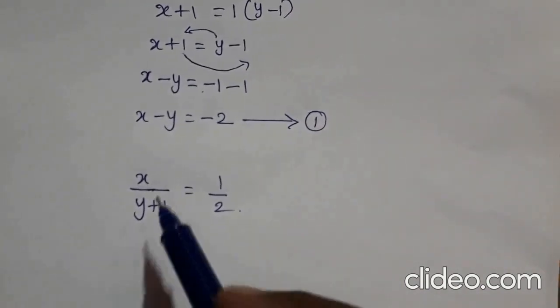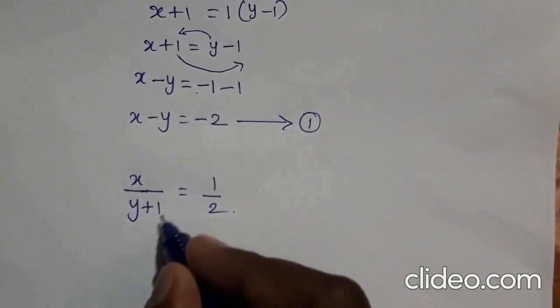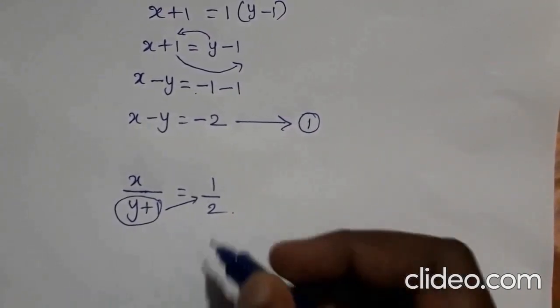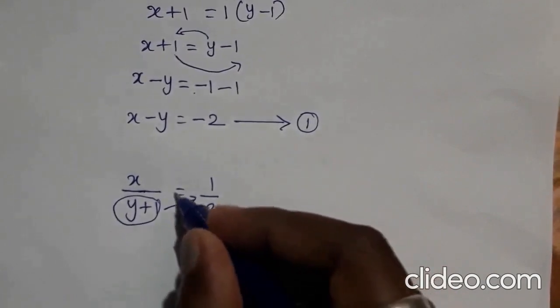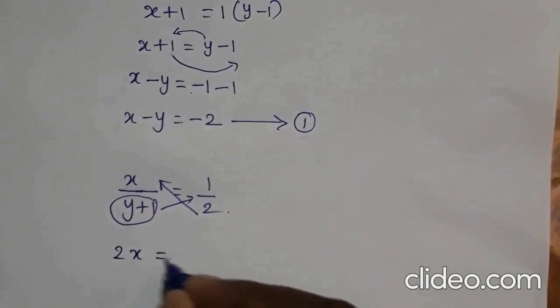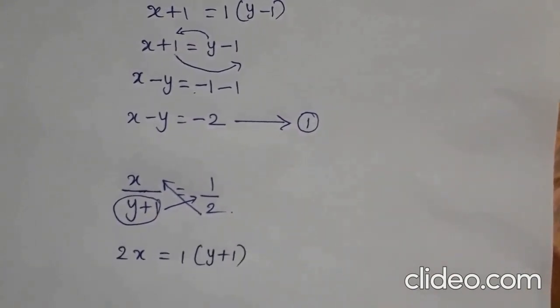From the second condition we have to make the equation. So same, here the denominator, I am taking to the right hand side, this division denominator 2 I am taking to the left hand side. So I will get 2 into x, 2x is equal to 1 into y plus 1.